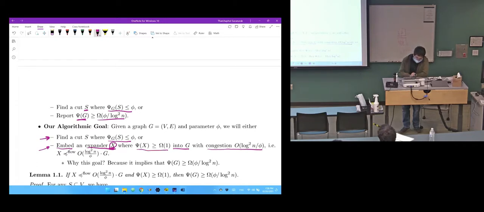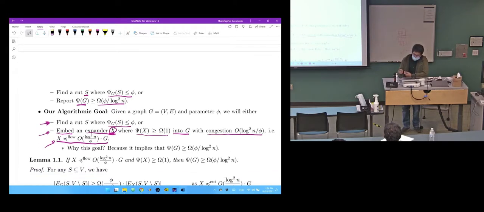That is, I return X such that X satisfies this. Why is this a useful goal? Because it actually implies this second case here. This thing implies this.